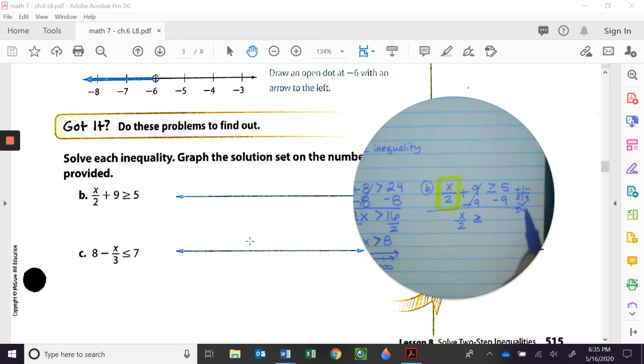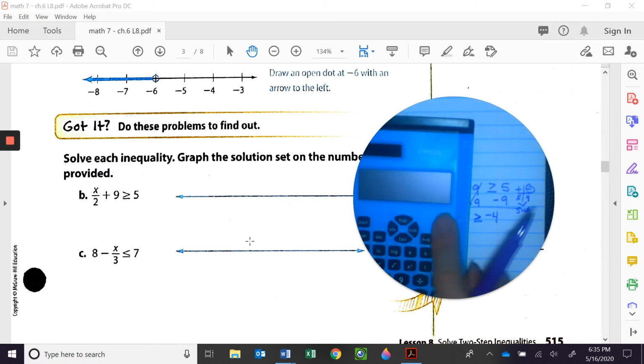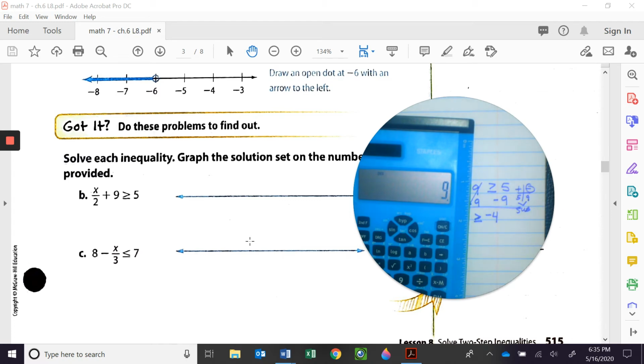We subtract, and we get -4. If you use your calculator with that, put it in exactly the way you see it, and you'll get the right answer. 5 take away 9, and there's your -4. Okay, so you can always use your calculator if you don't want to use your teacher.